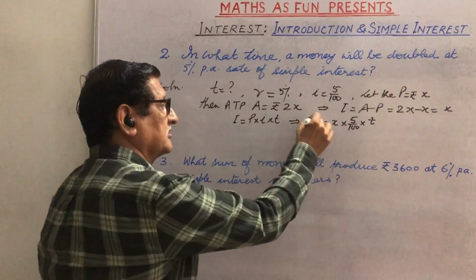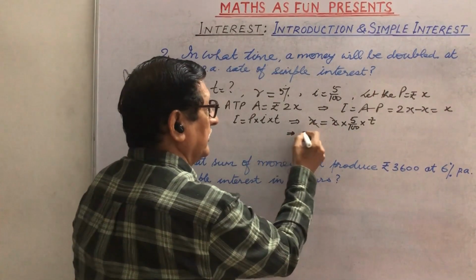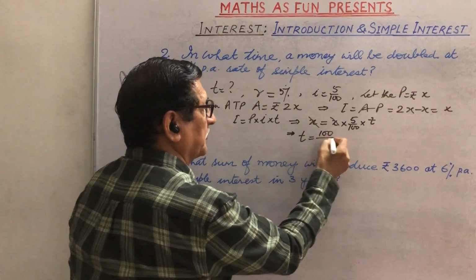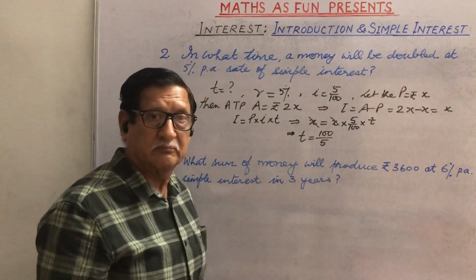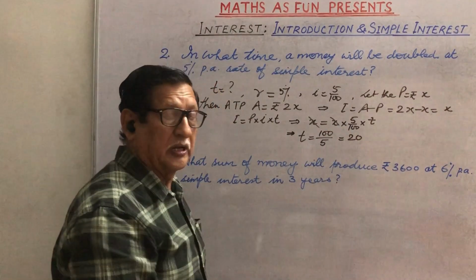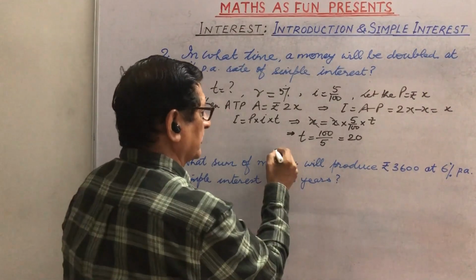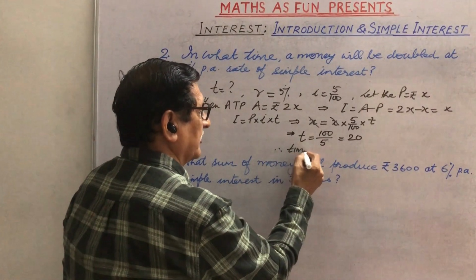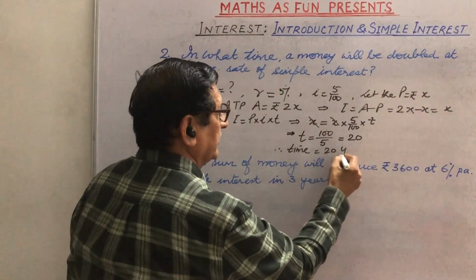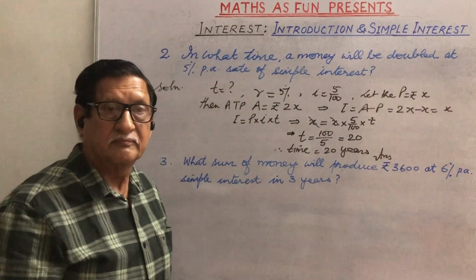Do we find here this X and X will cancel? And then we are getting T equal to 100 upon 5, that is 20. It means in 20 years the money will be double. So we can write, therefore, time is equal to 20 years. That is the answer.